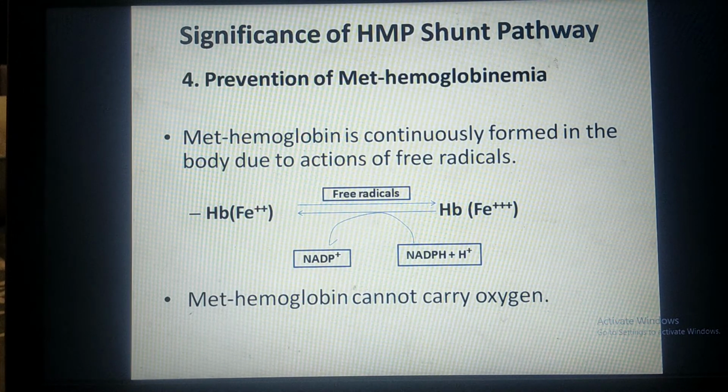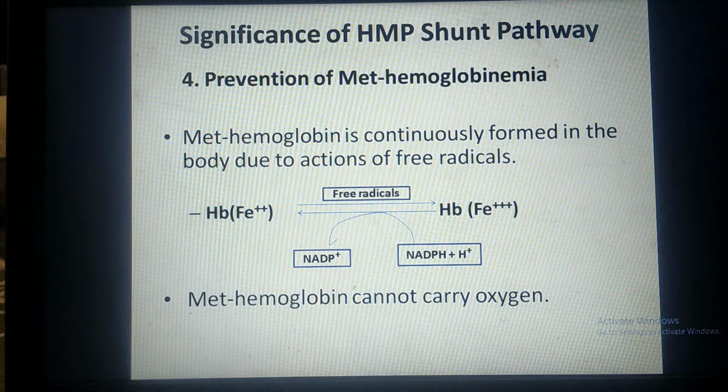NADPH prevents methemoglobin accumulation. What is methemoglobin? Methemoglobin means hemoglobin containing iron in the ferric form. Normal hemoglobin contains iron in the ferrous form, which is hexavalent. But when that ferrous iron is converted into ferric iron by the free radicals present in our body, that ferric iron is pentavalent and cannot carry oxygen.